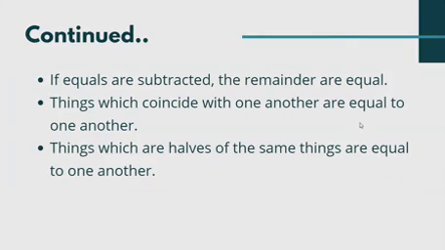Things which are halves of the same thing are equal to one another. If half of x is equal to half of y, then x is equal to y. Things which coincide with one another are equal to one another. If segment AB is equal to segment BA, then we can say angle A is equal to angle A.